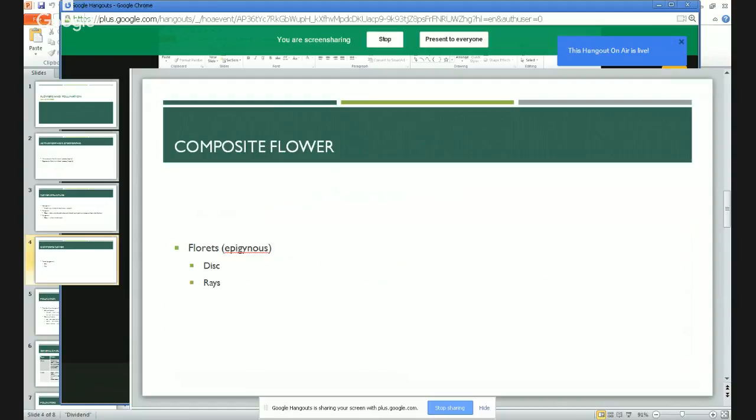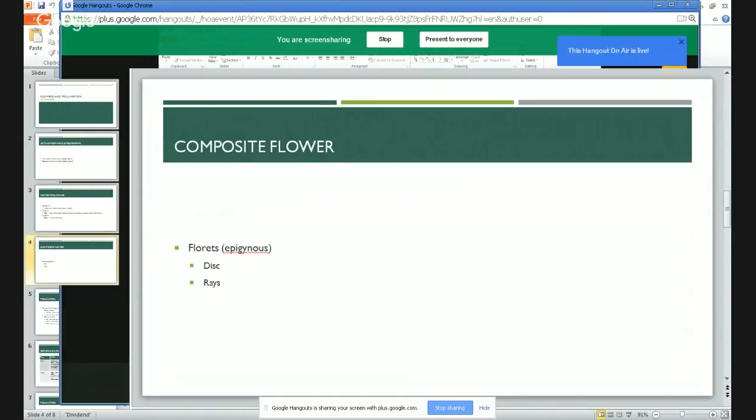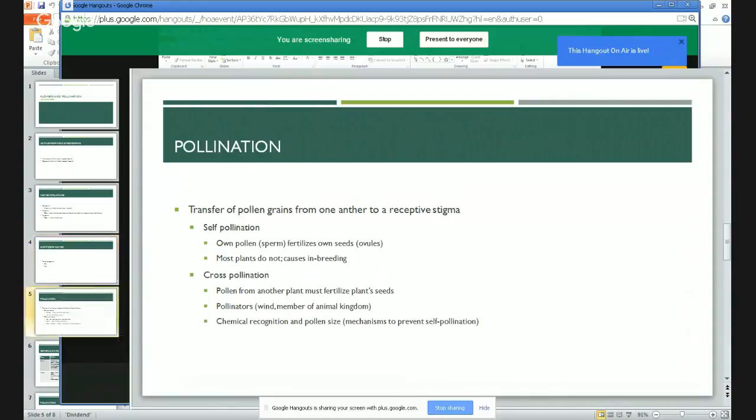Like I said, if you've seen a sunflower before, which I assume you have, you can kind of picture that. So these are the major three in terms of their ovary structure, and then this is one more arrangement of your flower that uses the florets. So just some interesting knowledge there for you. Okay, now we're going to get into the pollination.